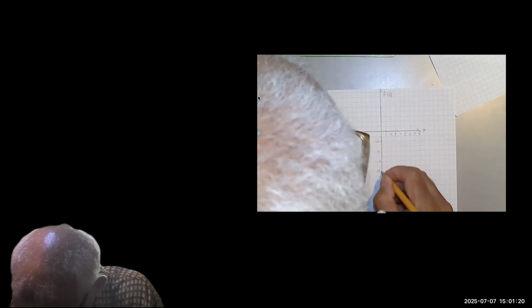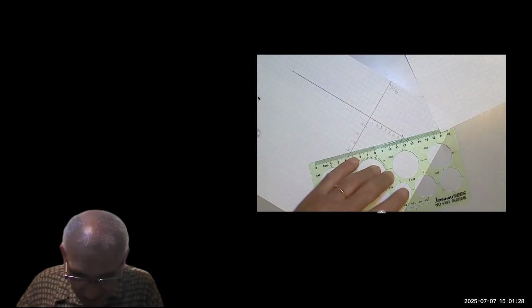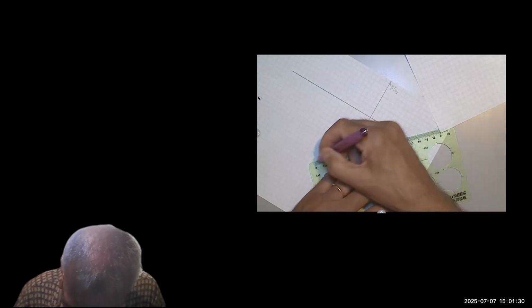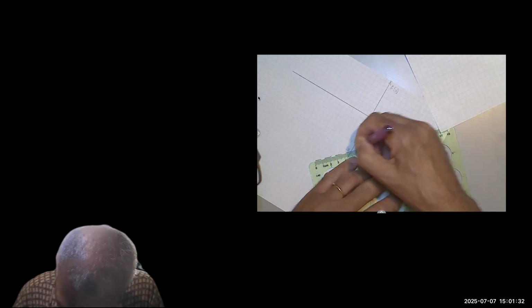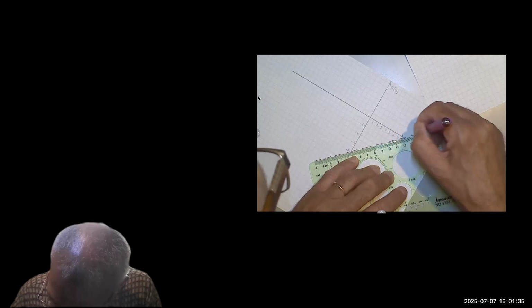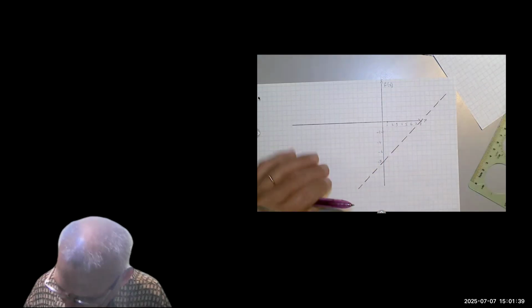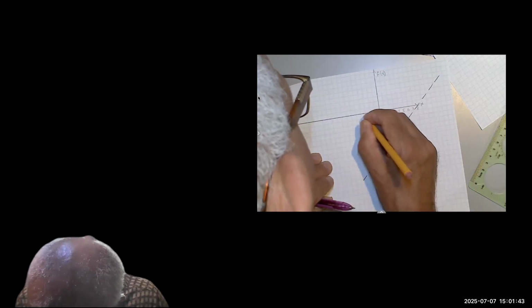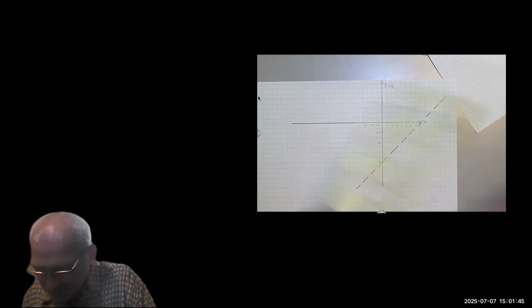Negative 2, negative 4, negative 6, negative 8. So that would be better. I don't want to show that one branch is outside of the paper. It doesn't make sense, right? Negative 1, negative 2, negative 3. That's the vertical asymptote.